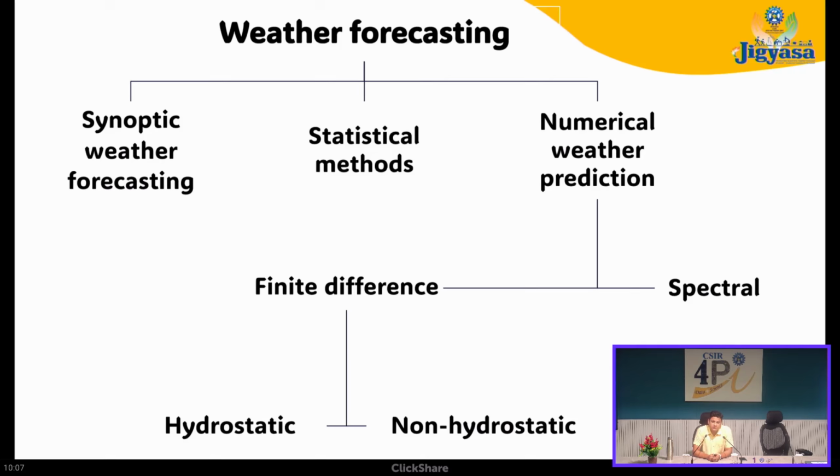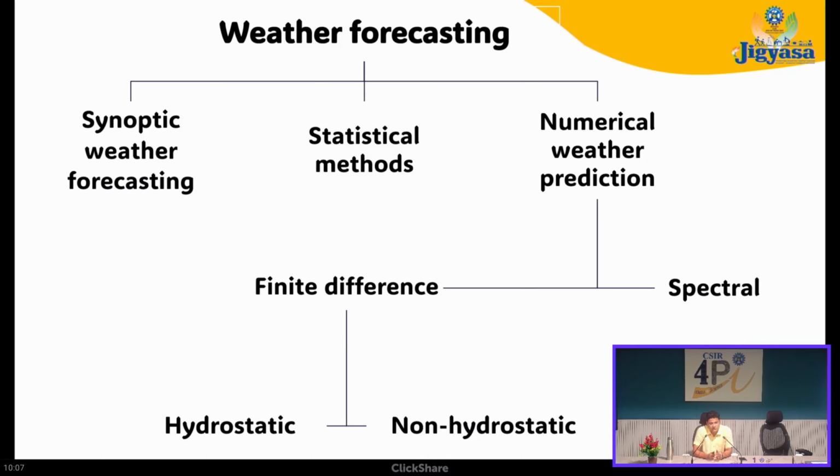But in spectral models, data are considered as a continuous wave function. Some examples are the ECMWF model, the European Centre for Medium Range Weather Forecasting model, and the Unified Model, where they use spectral models. We won't dive into detail on spectral models, so let's focus on finite difference models.